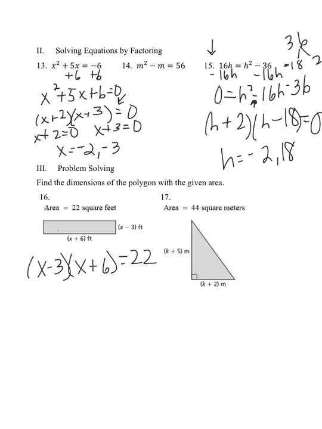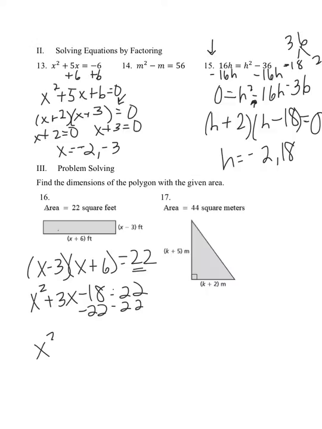Well, it doesn't work like that because you have it set equal to 22, not 0. So you actually have to FOIL this out. So x squared minus 3x plus 6x, which gives me a plus 3x, and then minus 18 equals 22. From here, I'm going to set the entire thing equal to 0, so subtract 22 from both sides.